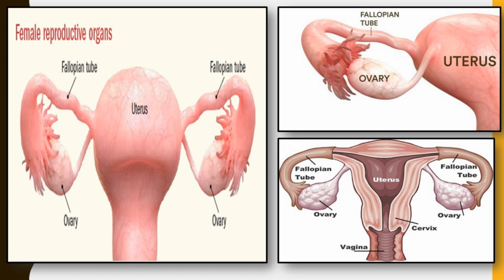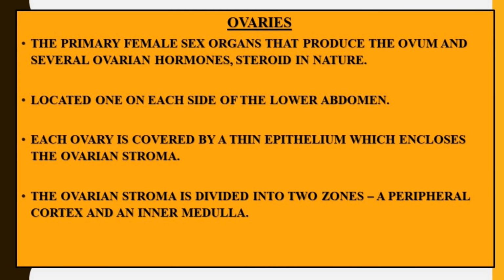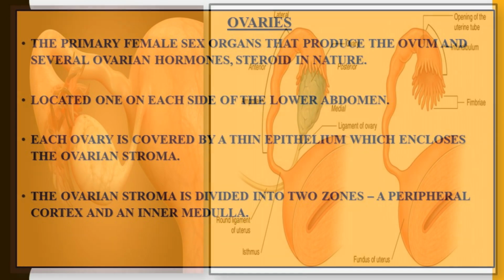Each ovary is about 2 to 4 centimeter in length and is connected to the pelvic wall and uterus by ligaments. Each ovary is covered by a thin epithelium which encloses the ovarian stroma. The stroma is divided into two zones, a peripheral cortex and an inner medulla. The points we had discussed are given in this slide.